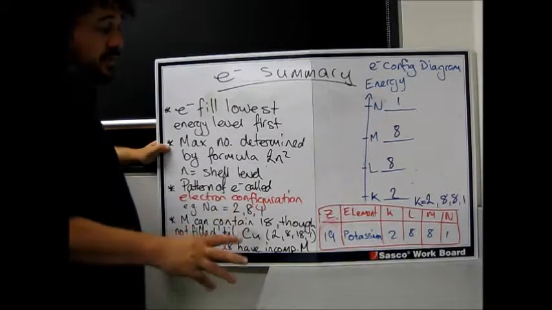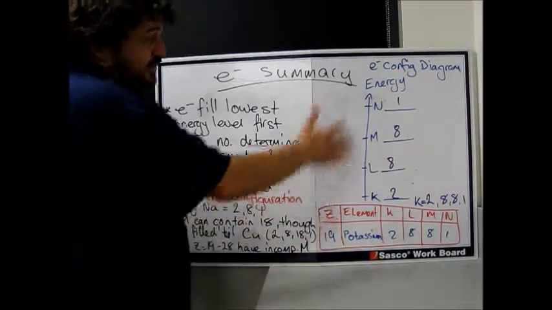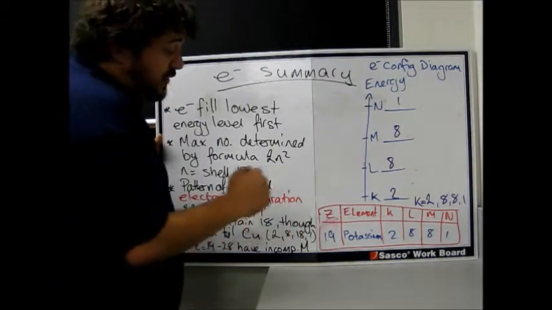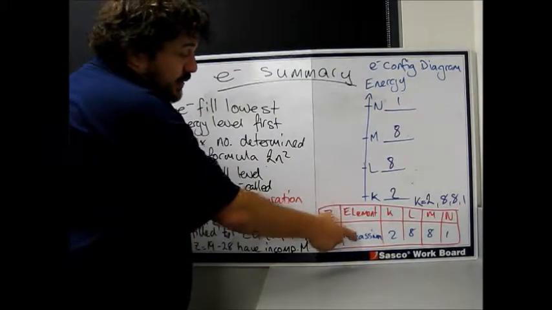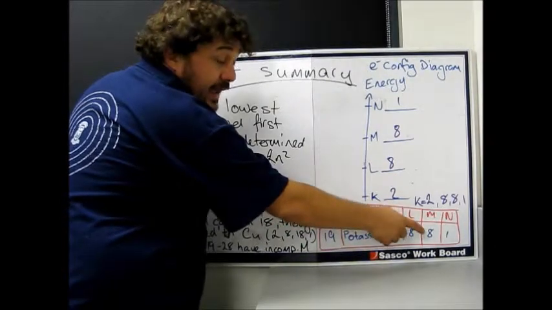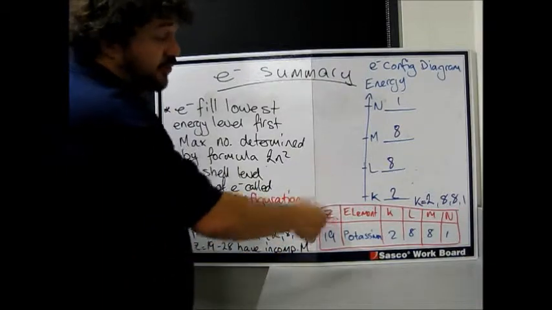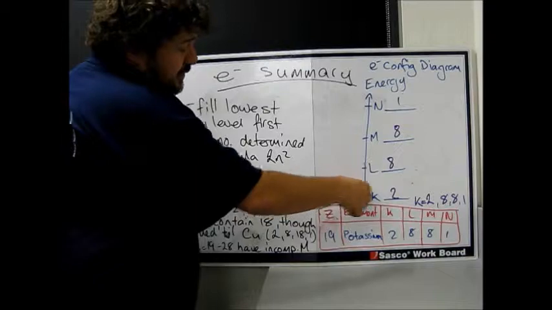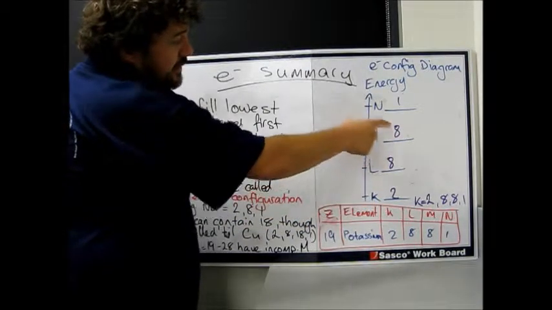Now, there are 3 ways we can represent this. First, this is the basic that all this relates. So Z is 19, the element is potassium, K level has 2, then 8 in the L, 8 in the M, and 1 in the N. To represent this graphically, like we had before, but without doing all the circles, pictures of the electrons, we can go K, L, M, N, so it's 2, 8, 8, 1.